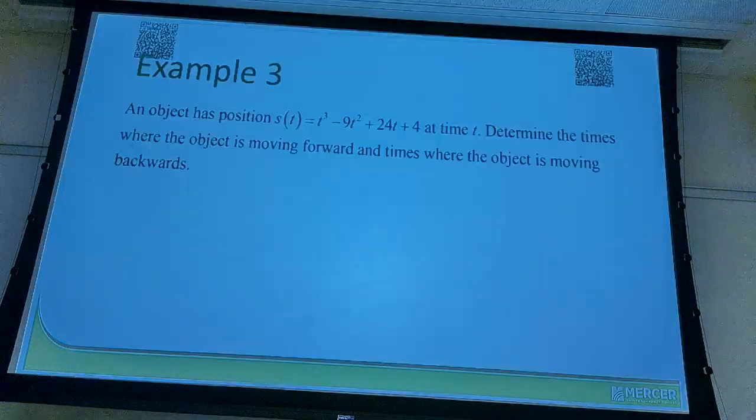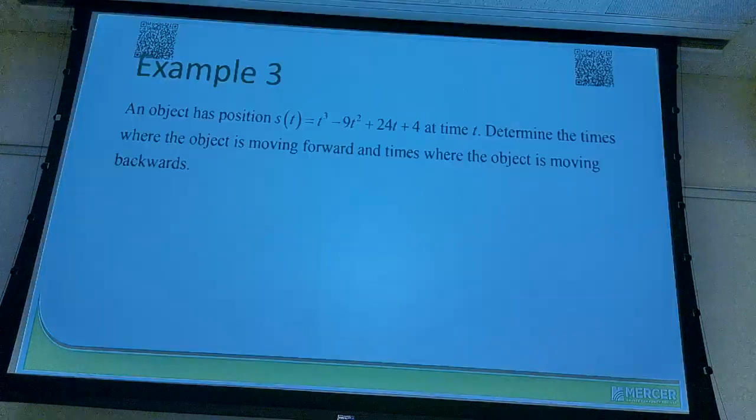If that change is positive, then your position is quote unquote increasing, so you'd be moving forward, in the positive direction. If your velocity is negative, you'd be moving in the opposite direction. A positive velocity means you're moving forward. A negative velocity means you're moving backwards.